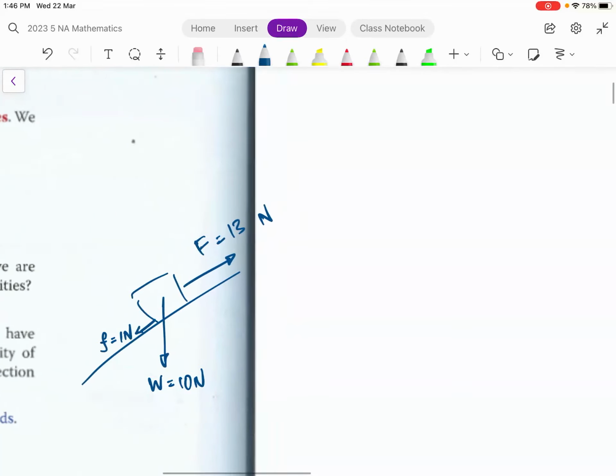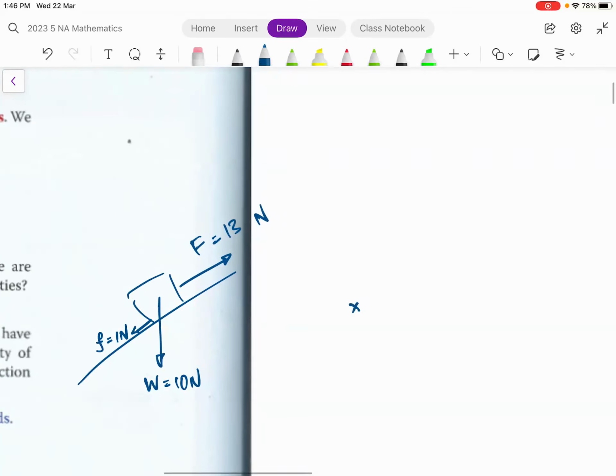Okay, so in physics, you probably use a point to represent the object. And now we're going to assume that every single force acts on the CG. So this point is our CG. We've got a force over here, 13 newtons, and the scale is important, right? For example, 1 cm represents 1 Newton.